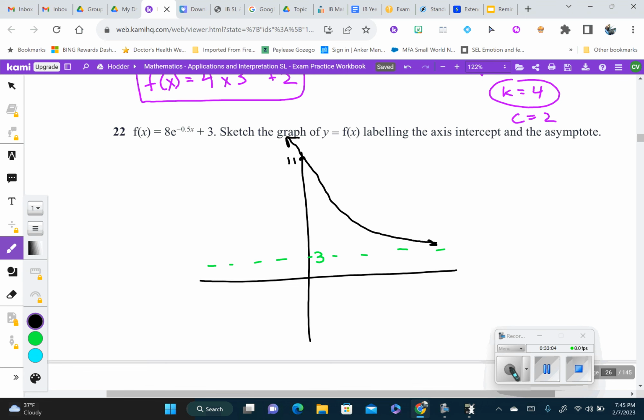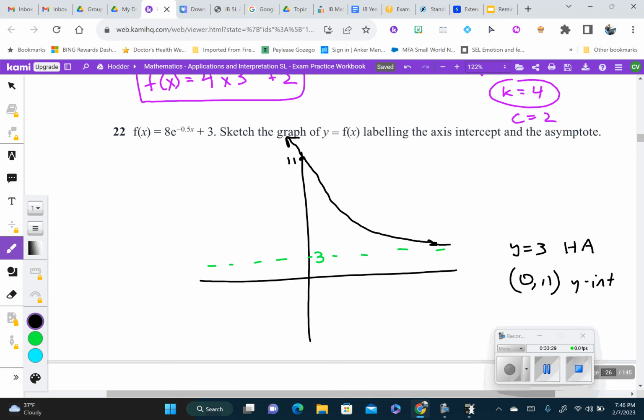So you're going to just draw it as close as it gets to it, but never crosses it. So I labeled the intercept, which is right here, and I labeled the asymptote, okay? If you want to be more specific, you can say y equals 3 is your horizontal asymptote, and the intercept is going to be 0, 11, which is our y-intercept, okay?